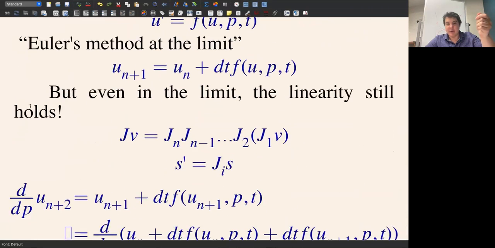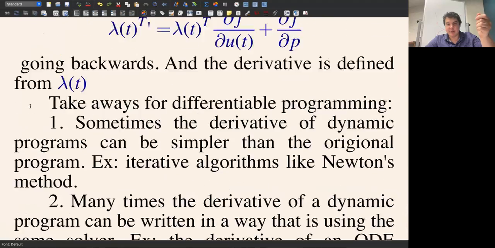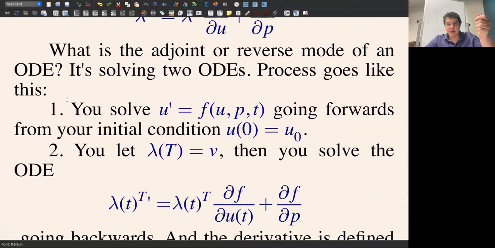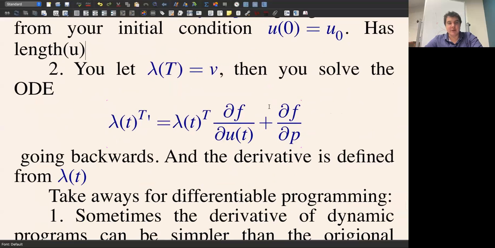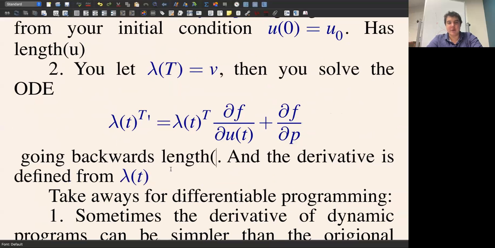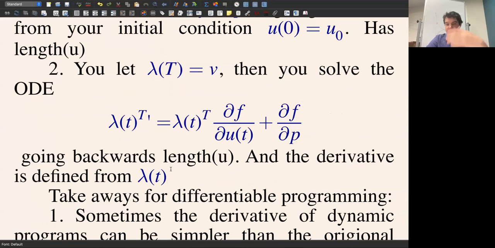But if you think about what you do with reverse mode, you solve an ODE going forwards, and this has length of u elements. You solve something going in reverse, and this also has length of u elements, and then you do an operation that is length of p.